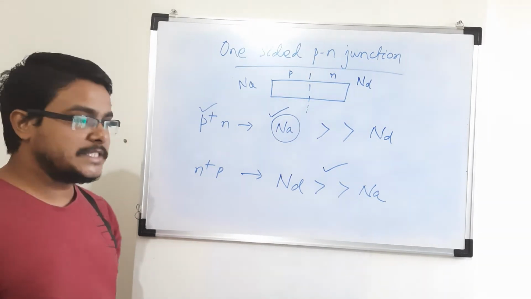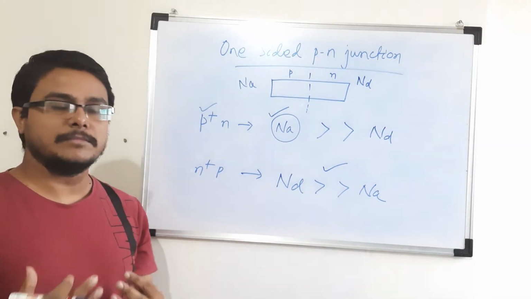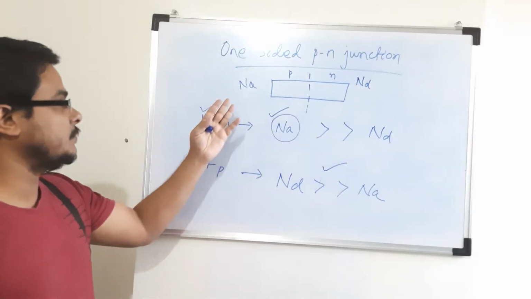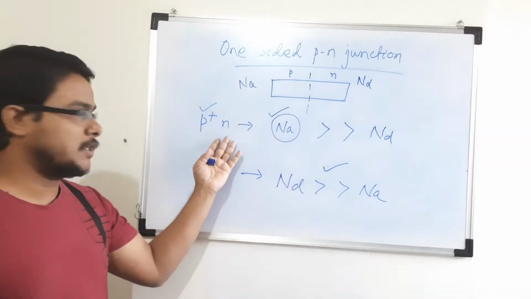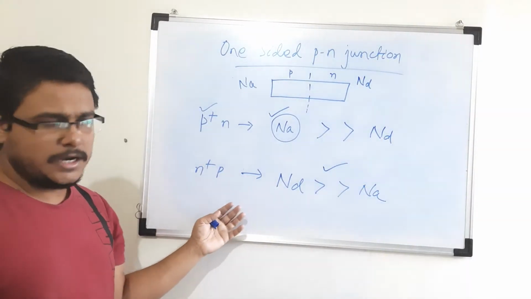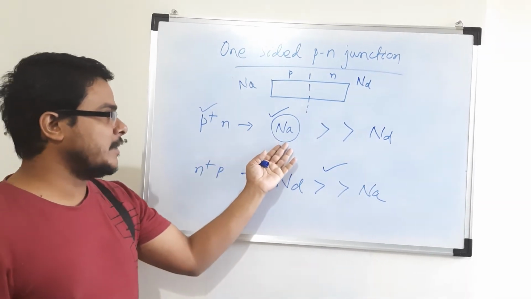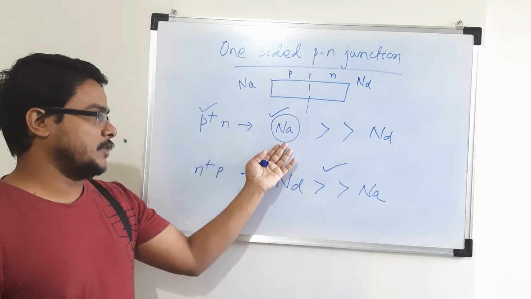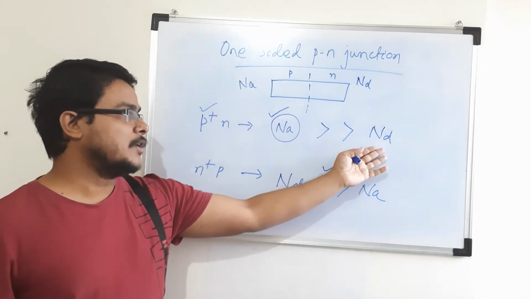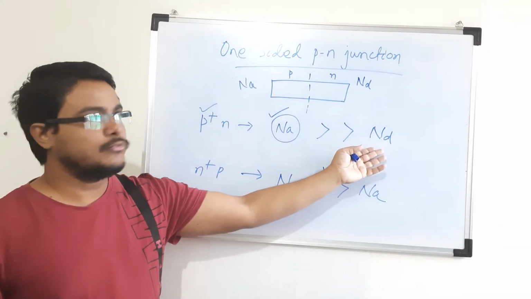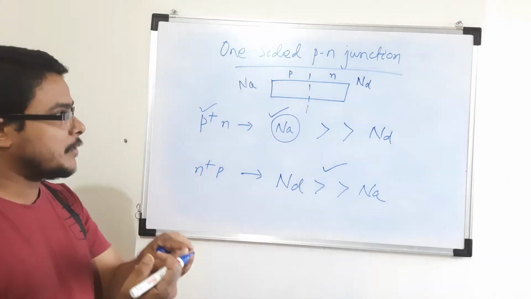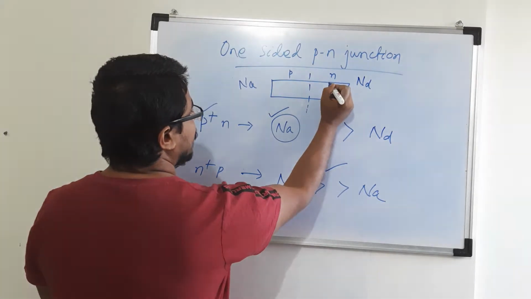But here we will see what happens to the variables when we take a P plus N junction or an N plus P junction. Let us start with a P plus N junction, where the acceptor impurity concentration Na is much larger than the donor impurity concentration. What will happen to the abrupt boundaries that we have already discussed?